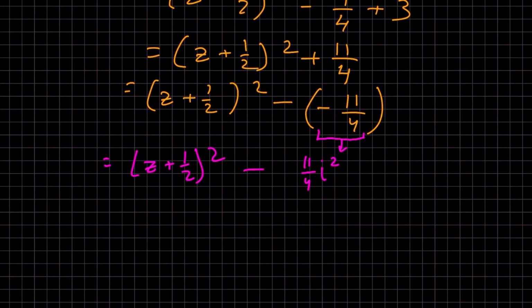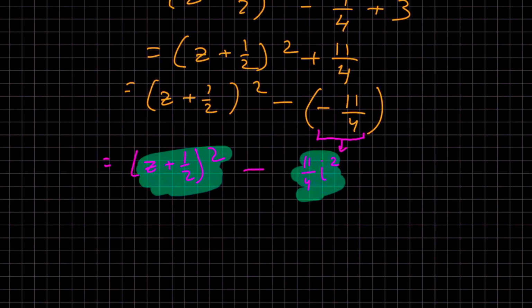So here is our first square, and here is our second square, only we can rewrite this a bit better to make it a bit clearer. So let's rewrite this as (square root of 11 over 2, times i) all squared. So let me rewrite all of this.